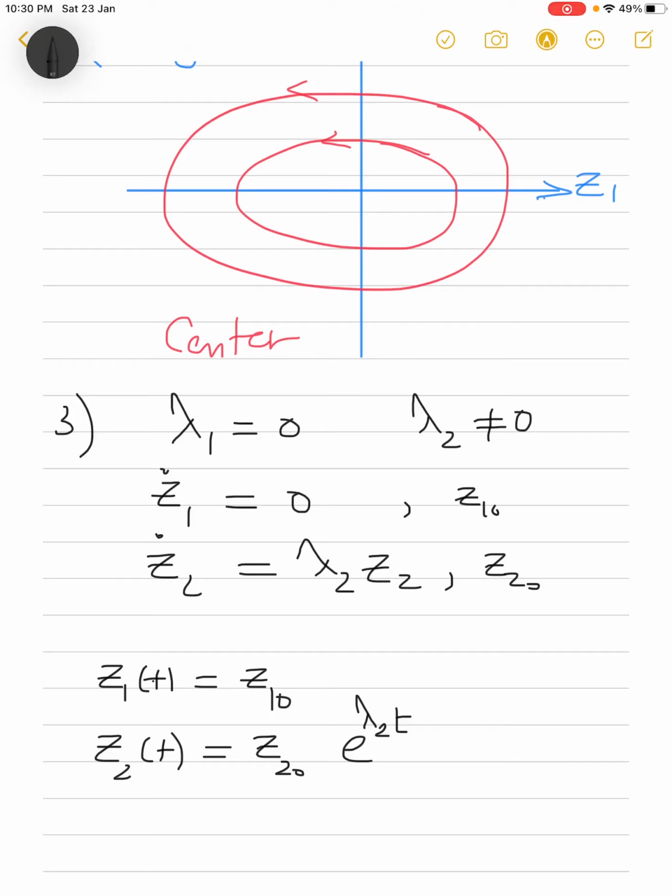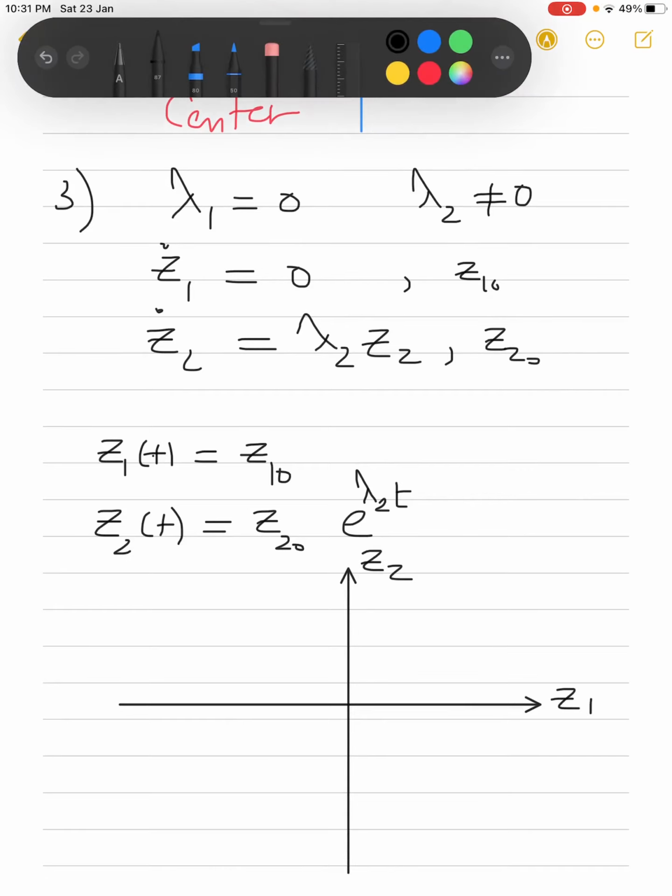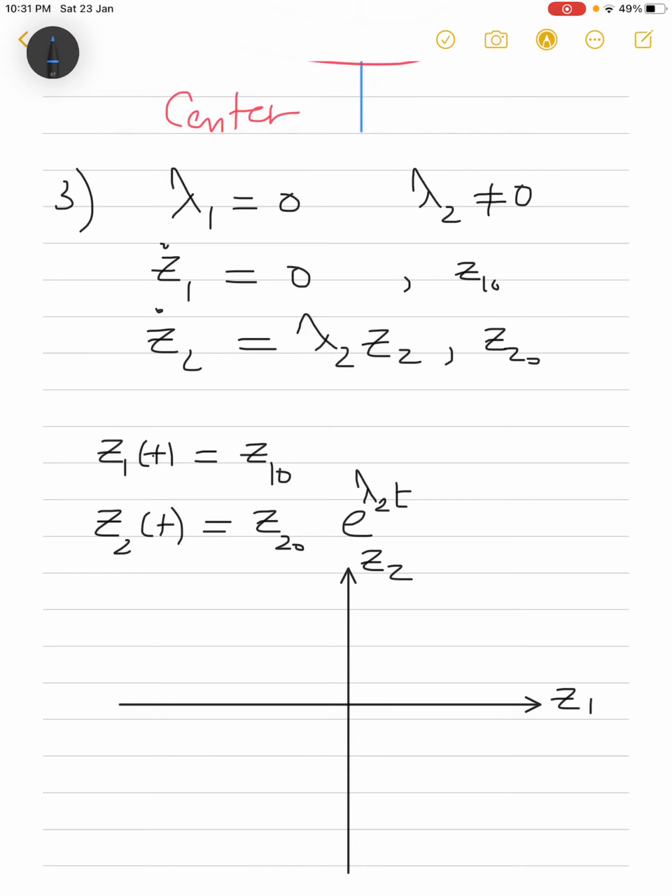So the solution either will go to 0 or will go to infinity. So if we like to plot the solution in that case, that is z1 and z2, we notice here, according to this solution, that z1 would always be a constant depending on the initial condition.